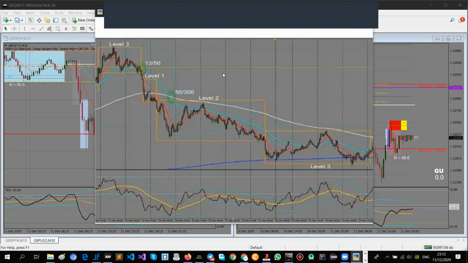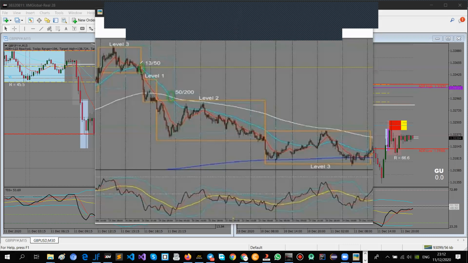For the chart on the screen right now, we can see that our peak was confirmed by the 13 and 50 crossover, indicated by the green circle here.